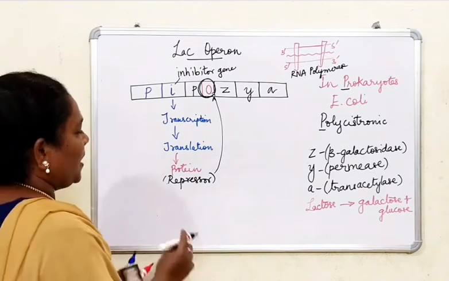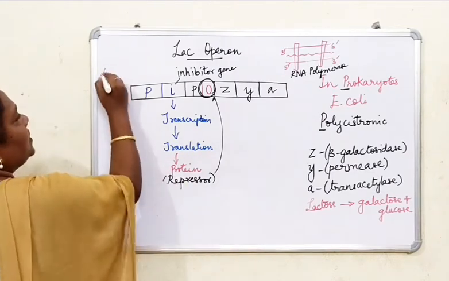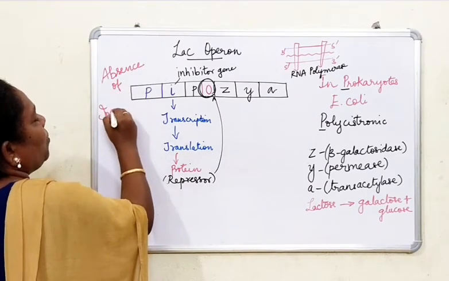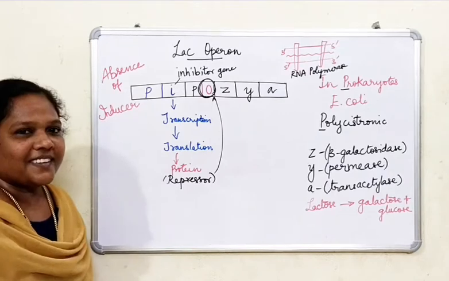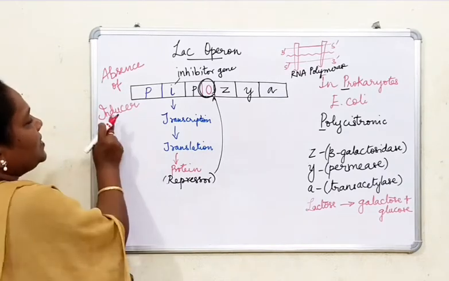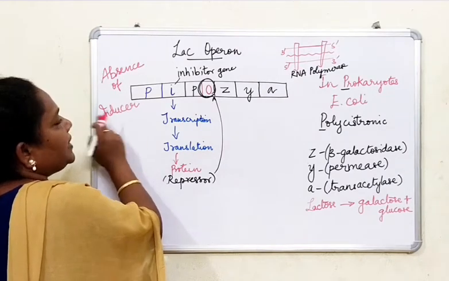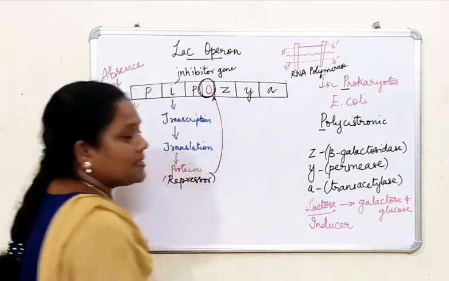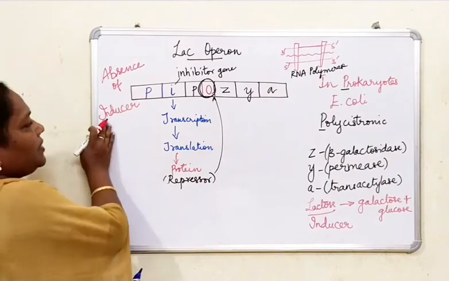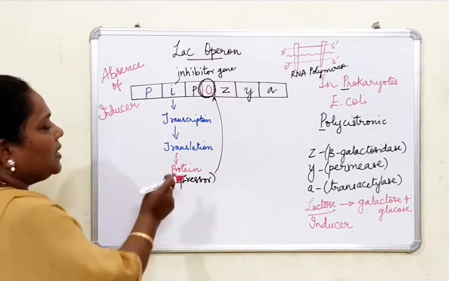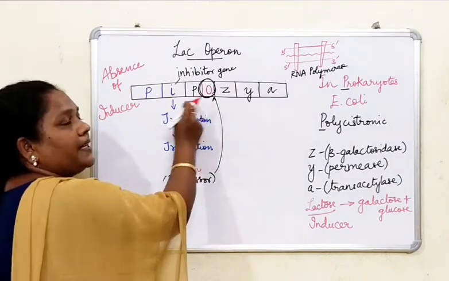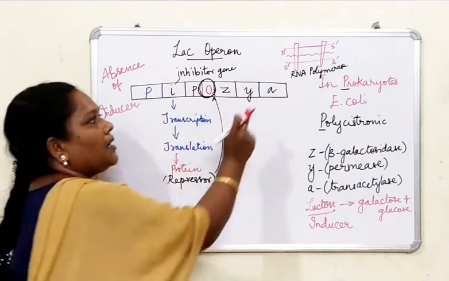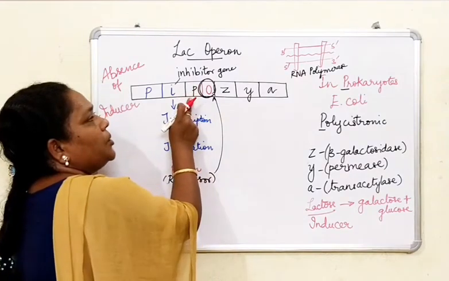Now, in the absence of inducer, what happens? What is this lactose? Lactose acts as an inducer. So when there is no lactose, this repressor protein will go and bind to the operator. If it binds to the operator, RNA polymerase cannot bind to the promoter.